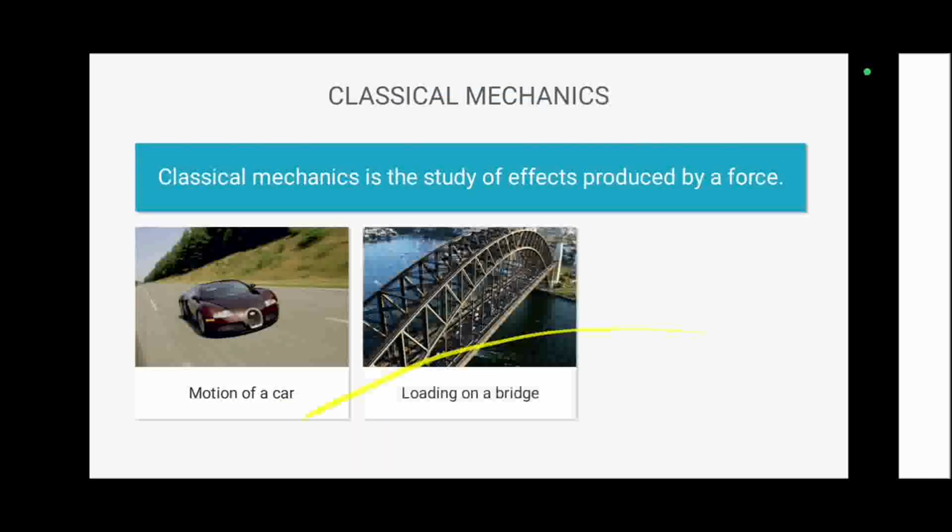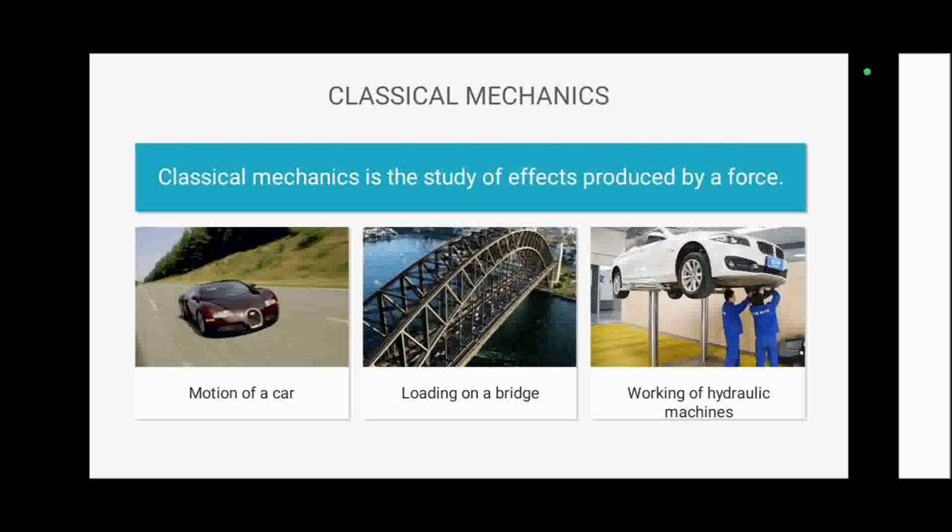And firstly, what is classical mechanics? Classical mechanics is the study of the effect produced by a force, or the study of how objects move under the influence of forces. For example, motion of a car, loading on a bridge, and there are some other examples.